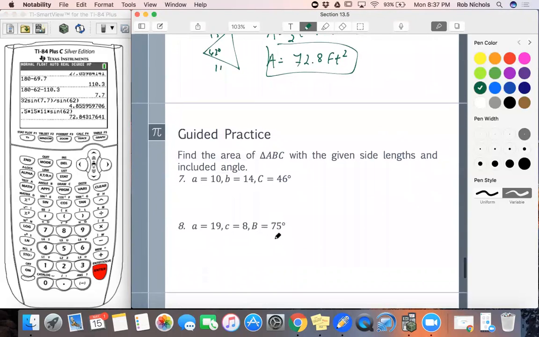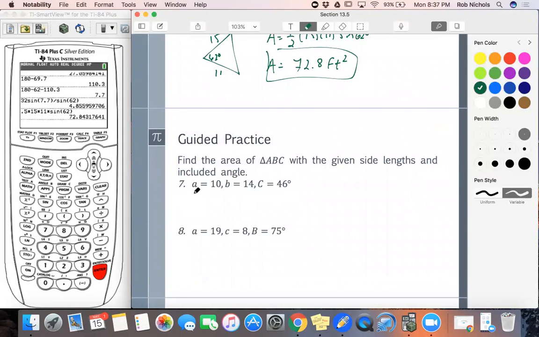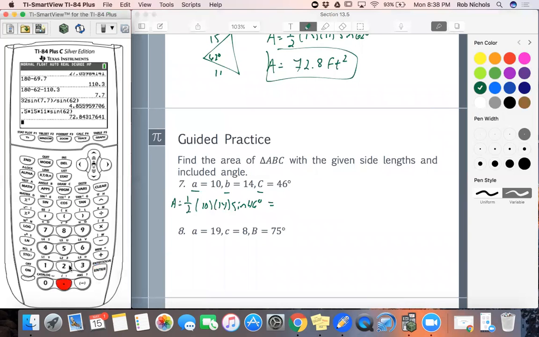All right, number 7. Here's A, B, included angle C. So 1/2 times 10 times 14 times the sine of 46 degrees, so 0.5 times 10 times 14 times the sine of 46 degrees, and we should get 50.4.